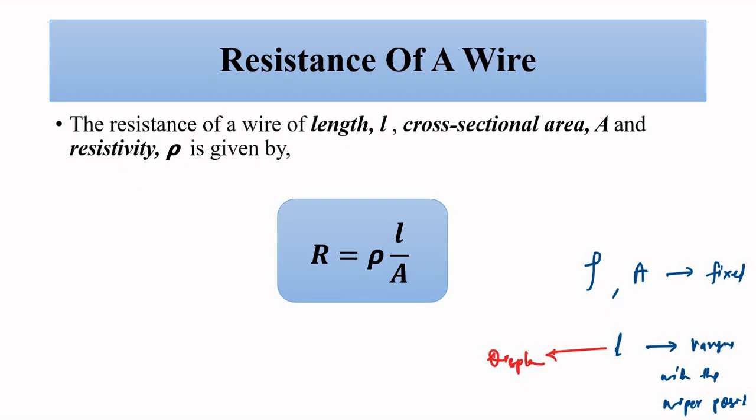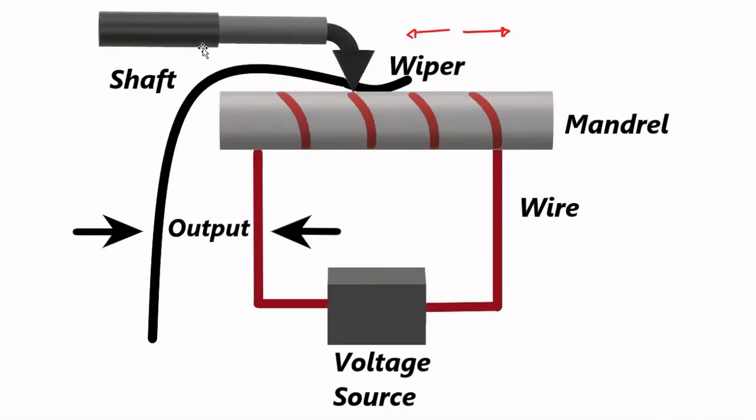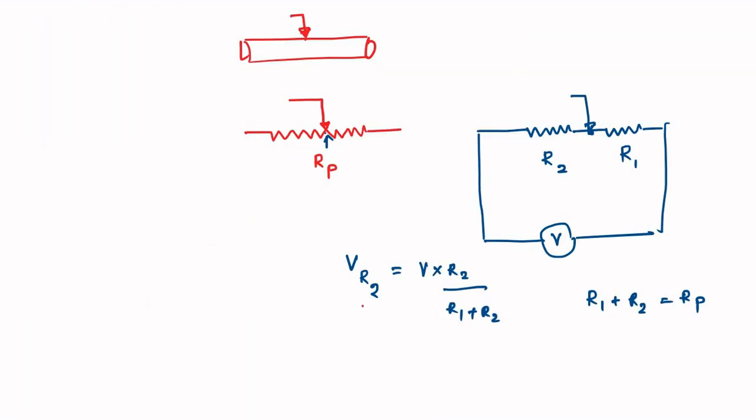The general setup is that this movable wiper and shaft arrangement is connected to the object whose displacement is to be measured. With the change of the position of the object, the position of the wiper and shaft also changes, and this voltage signal follows the voltage division rule: VR1 is equal to V into R1 by R1 plus R2, and VR2 is V into R2 by R1 plus R2.